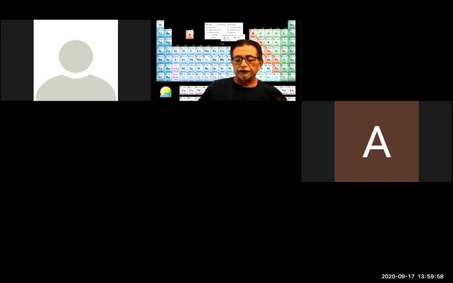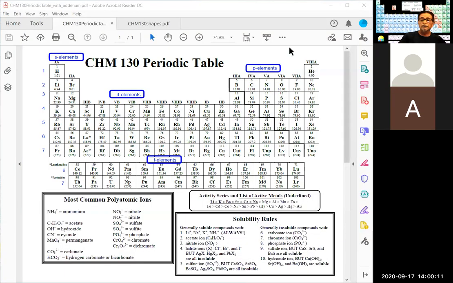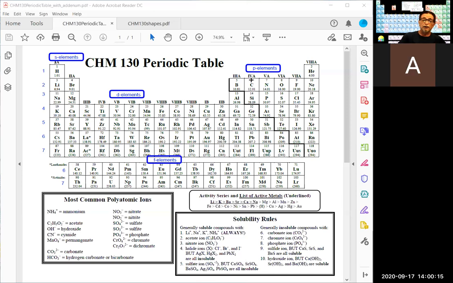Because as you go from left to right, the electronegativity increases. So if I were to compare the electronegativity of, let's pull up the periodic table. All right, so let's say you want to compare the electronegativity of carbon and nitrogen.